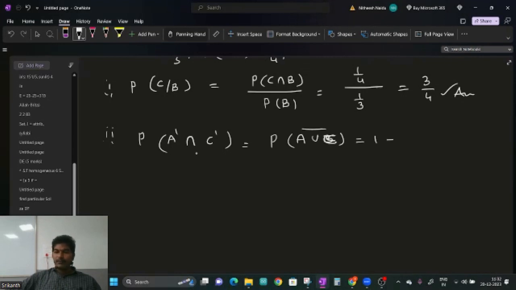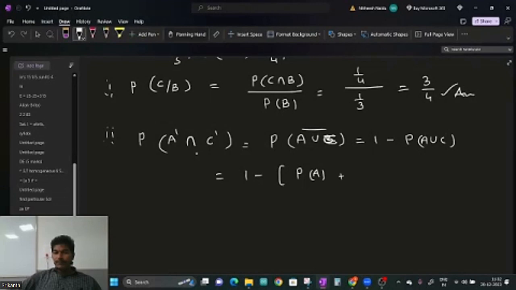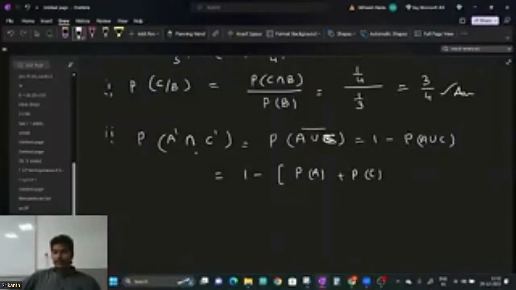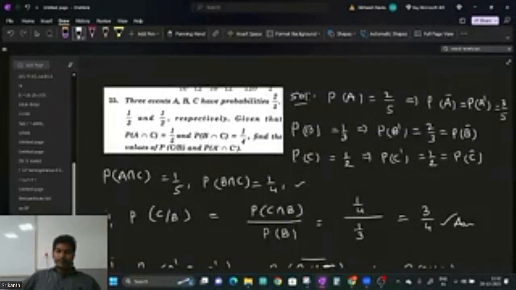So this is equal to 1 minus P of A union C. That is equal to 1 minus, what is P of A union C? P of A plus P of C minus P of C intersection A. Okay, this is the addition rule. 1 minus, what is P of A? P of A is 2 by 5.